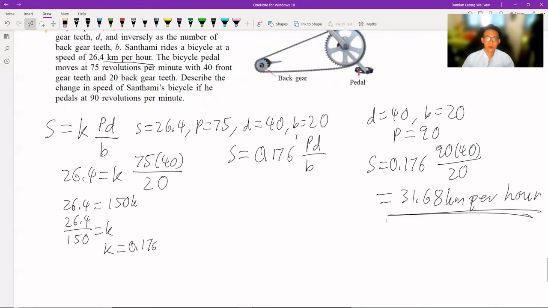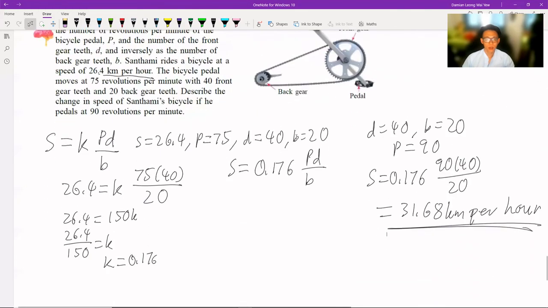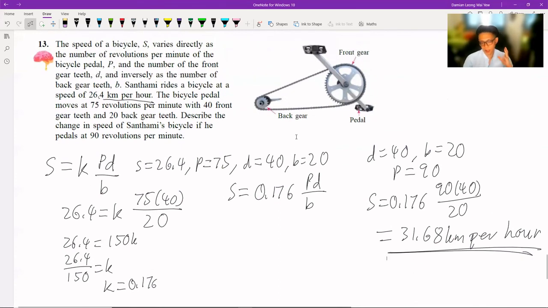So you can see all the questions in this chapter more or less have the same flow of working. Finding your K, forming the equation, subbing in the values. So it's very important for you to be familiar with each of these steps.